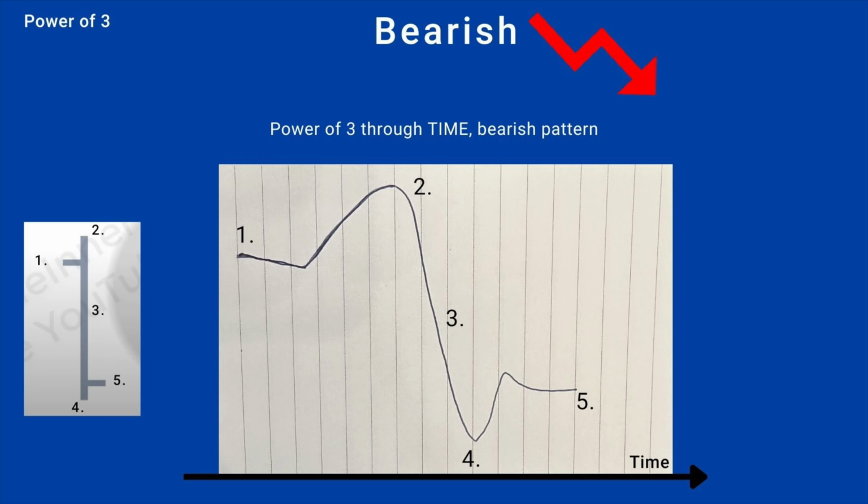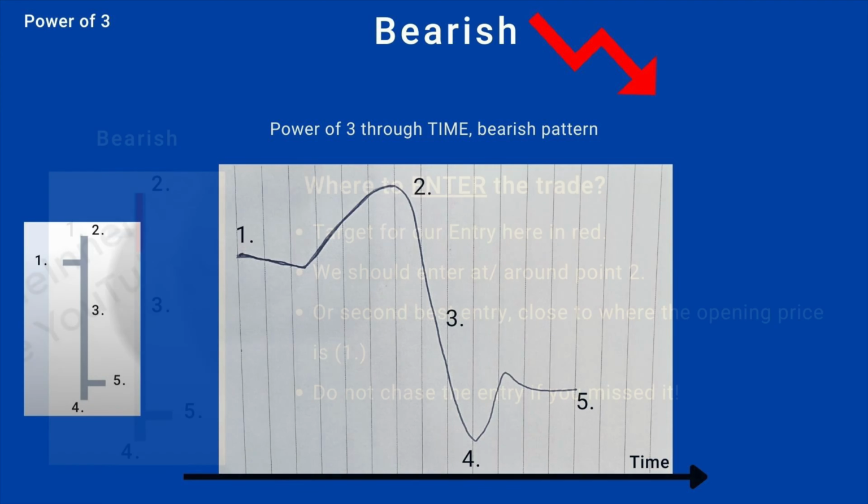In point 2, we expect the price to trade higher. In point 3, we expect the price to fall down with a very energetic move. In point 4, we expect the price to create a new low. And last but not least, in point 5, we expect the price to close near the low of that specific day.